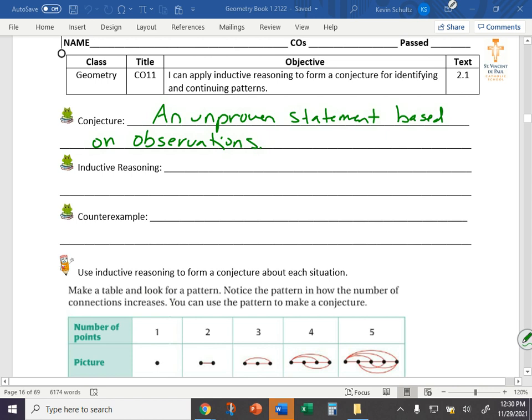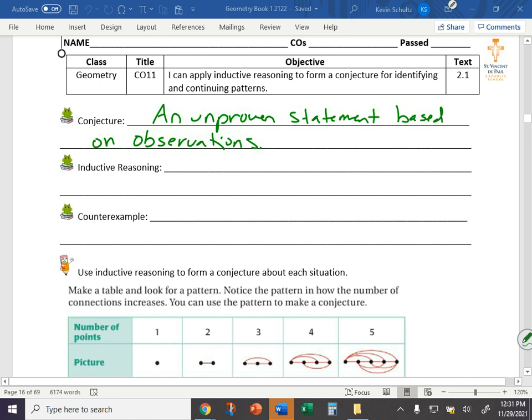You look up in the morning, you see the sun outside, say, it's going to be warm out. Then you remember it's the middle of January, and say, oh, no, it's going to be cold out. But it's an unproven statement based on what you see.